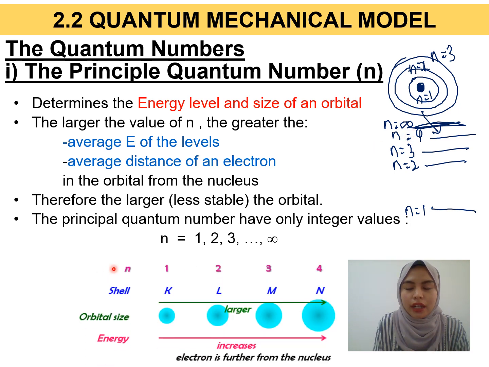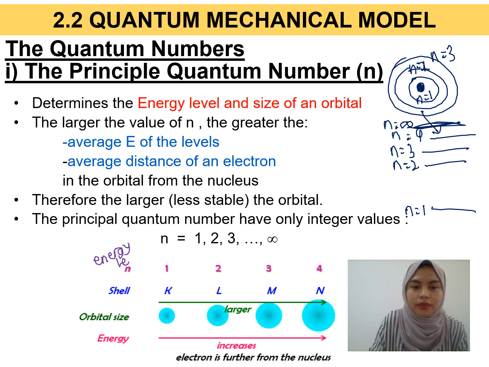Okay, so if you look at here, this is n, the principal quantum number, also known as the energy level. As the energy level increases, the orbital size becomes larger. If n equals 1, the orbital size is small. But the orbital size gets bigger, meaning as the energy level increases, the energy increases. The distance of the electron from the nucleus also increases. If you have an electron at n equals 1, the distance is close to the nucleus, compared with an electron at n equals 3, where the distance from the nucleus is very far. So this is the comparison of the energy levels.